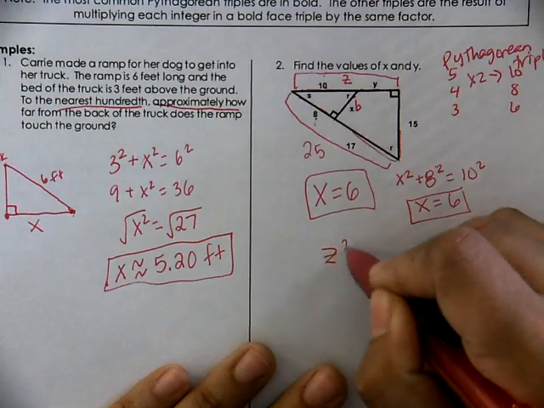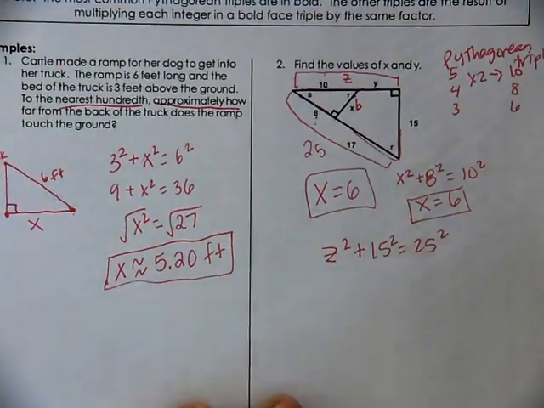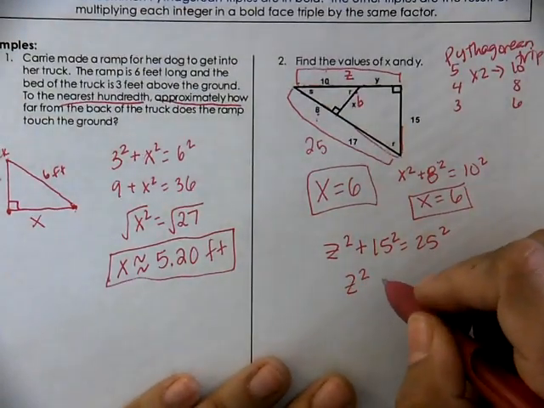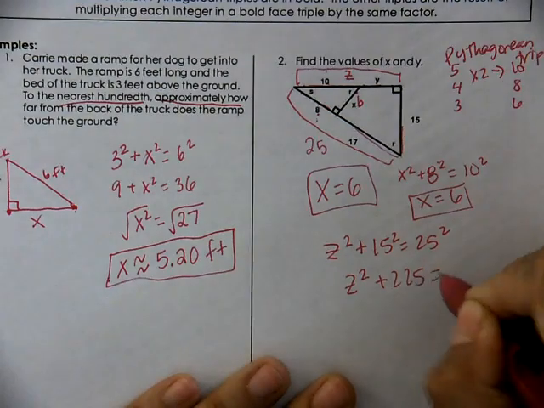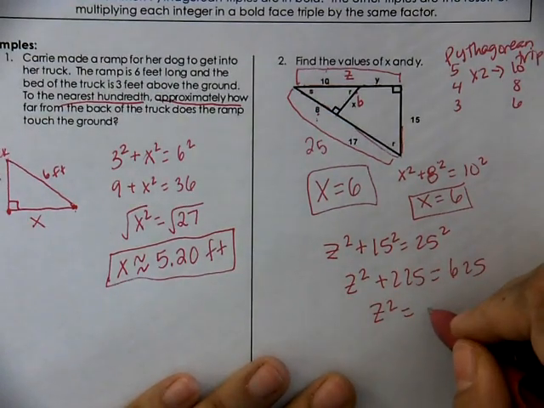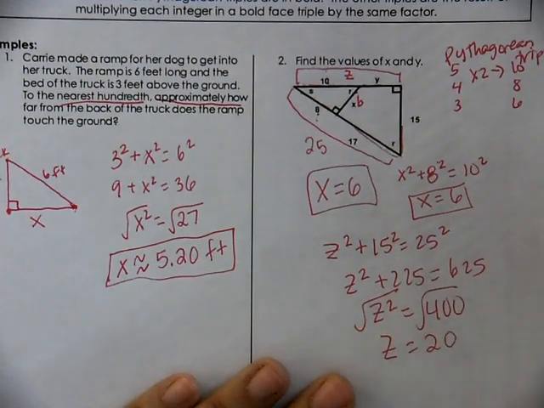So we could do z squared plus 15 squared equals 25 squared, because that's the hypotenuse, and solve for z. So we'd get z squared plus 225 equals 625. Once you subtract, we get 400, and then once you square root it, you get 20.